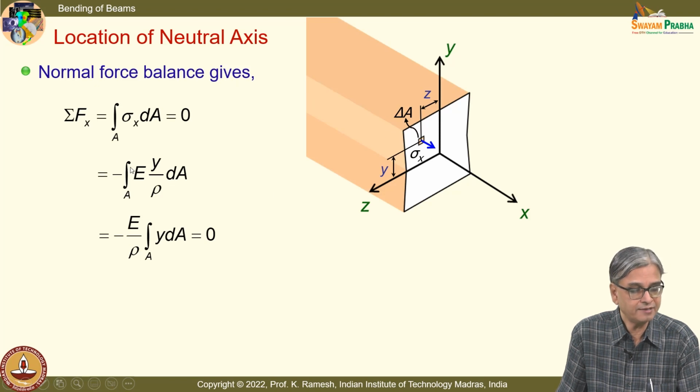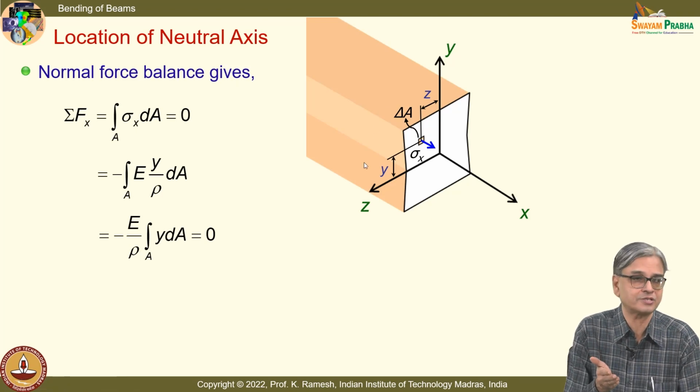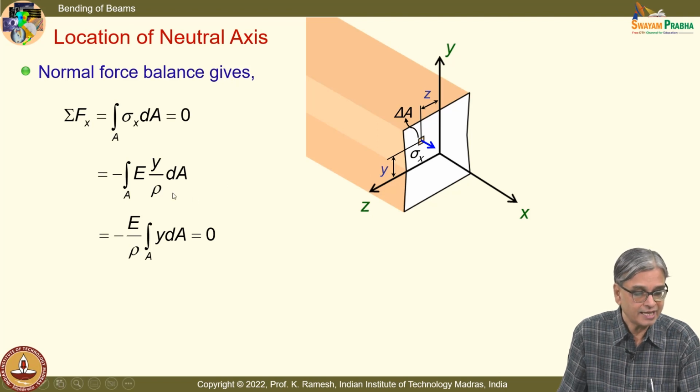See, the integral, minus integral of E into y by rho dA, is a very important step. Suppose I have this made of multiple materials. We have seen composite hoops. I can also have composite beams. Then I cannot take E out of the integral, I have to accommodate that.